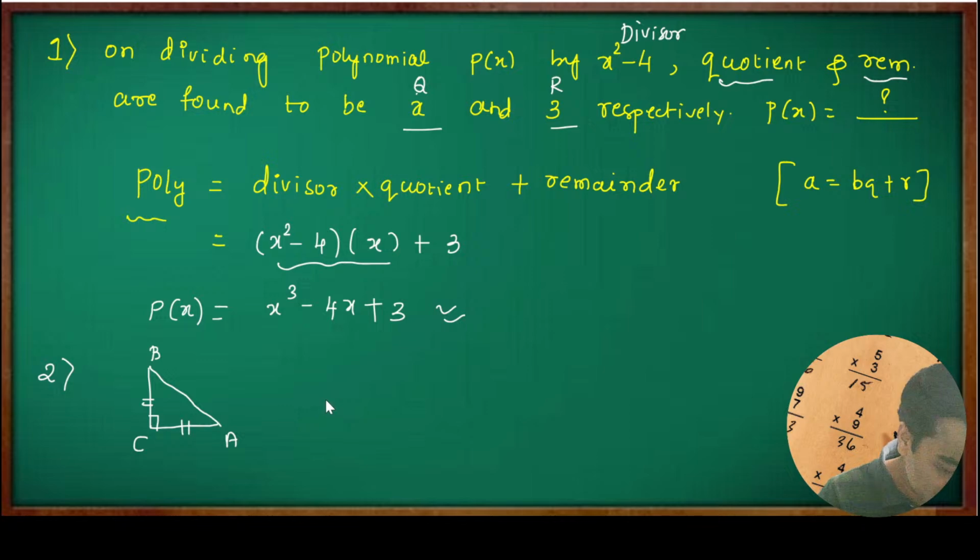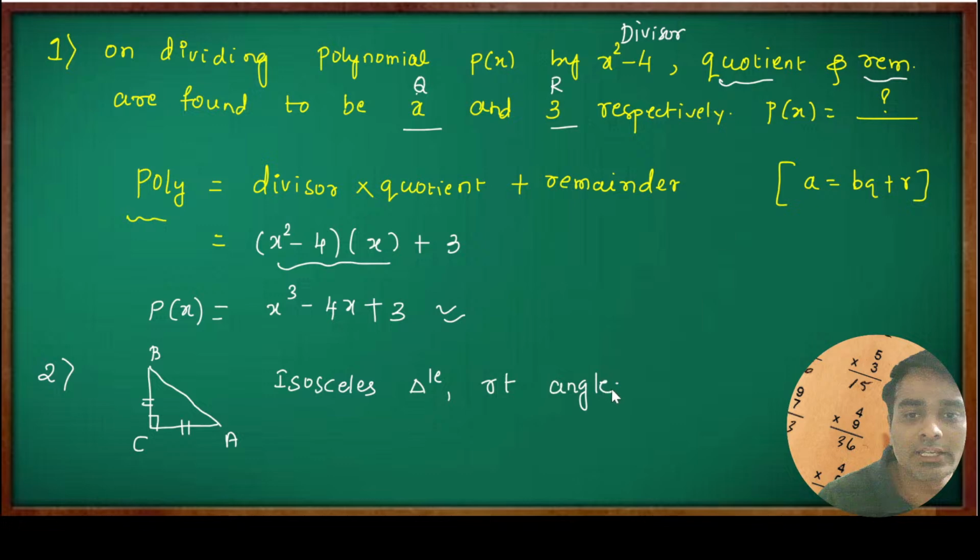The triangle is right angled at C. Isosceles means two sides will be equal, and it is right angled at C. You can see the 90-degree mark at C. Which of the following results will be true, they are asking.